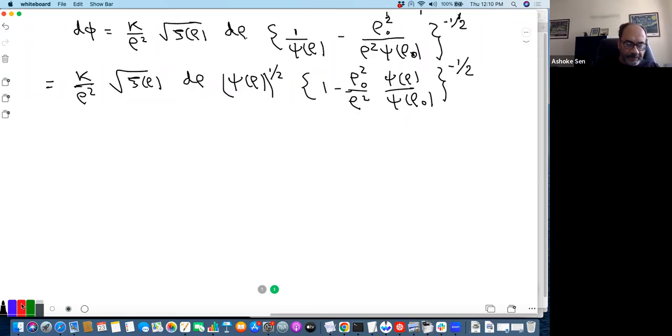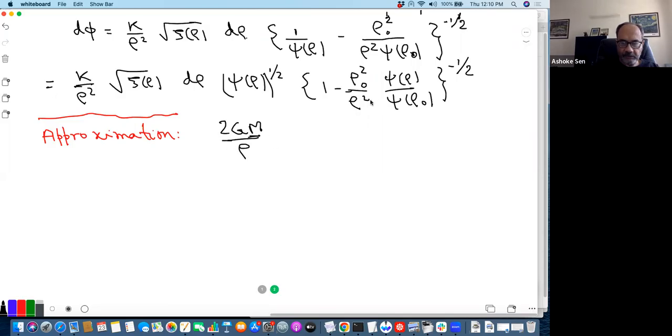Okay. Now let me explain the approximation that we are going to make. The approximation is basically that this quantity 2 GM over rho, and in particular, in this case, 2 GM over rho 0, is much less than 1.